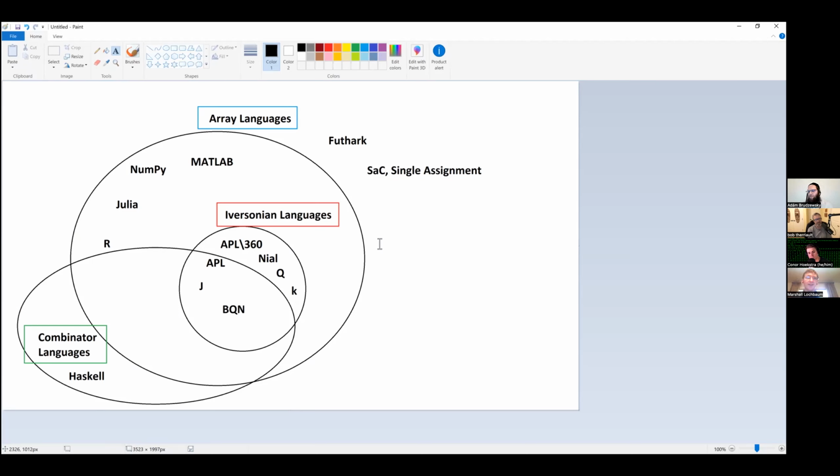But in order to make sure it runs on GPUs, you have a lot of restrictions on what your types can be, and a lot of things have to be possible to resolve when it compiles.